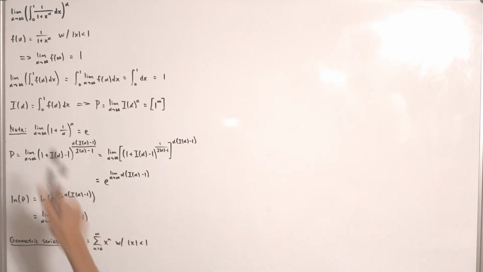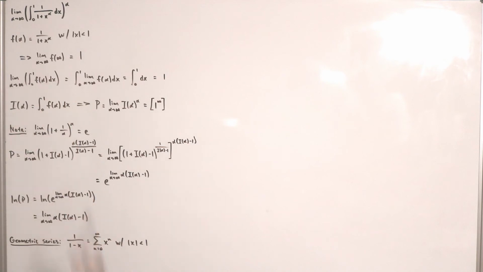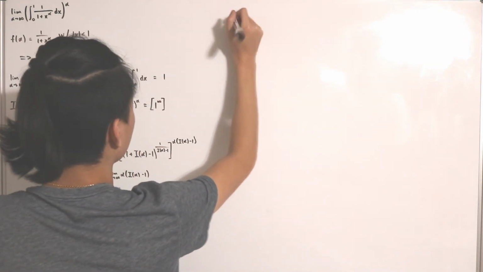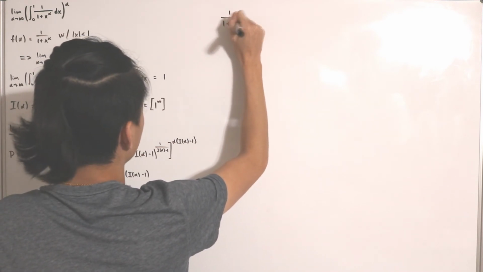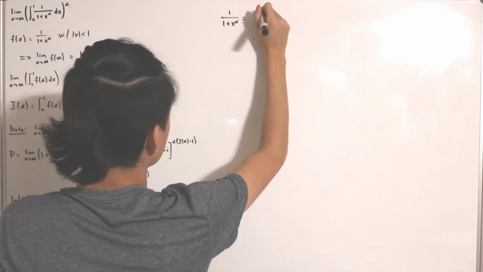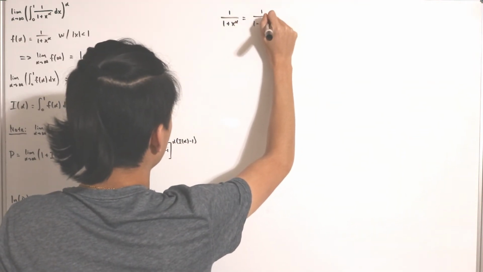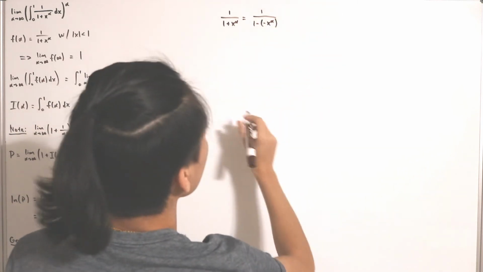Okay, so now that we have that, what we can do now is go back to our f of alpha and define this in terms of a geometric series. So 1 divided by 1 plus x to the power alpha is simply the same thing as 1 divided by 1 minus, and then inside, minus x to the power alpha.